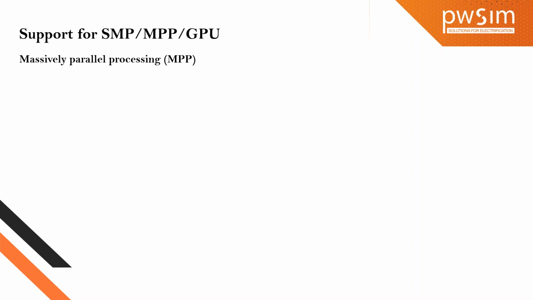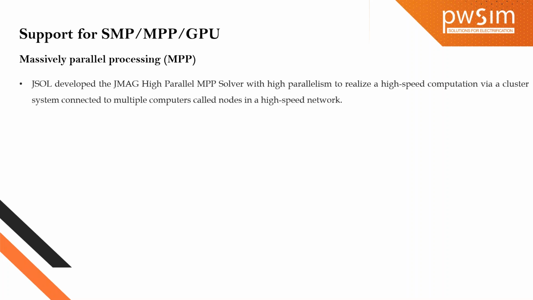Let me talk about the MPP, that is massively parallel processing. JSOL developed the JMAG high-parallel MPP solver to realize high-speed computation via a cluster system connected to multiple computers called nodes in a high-speed network.